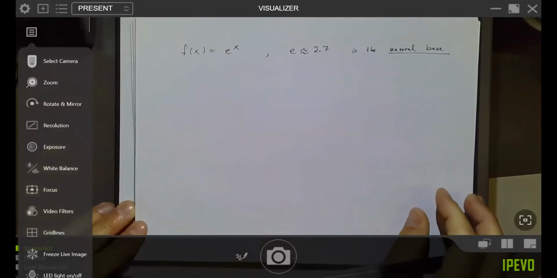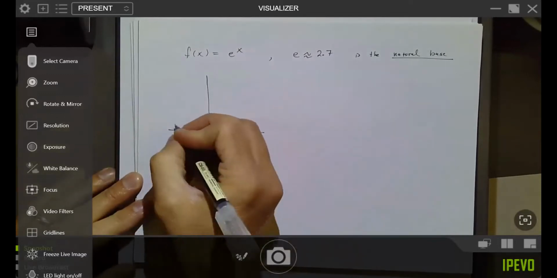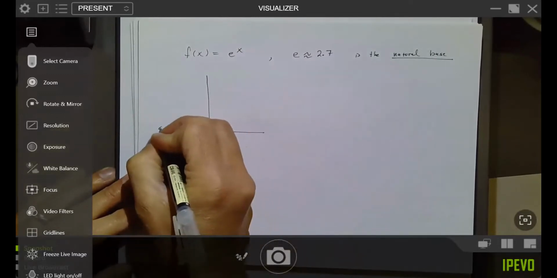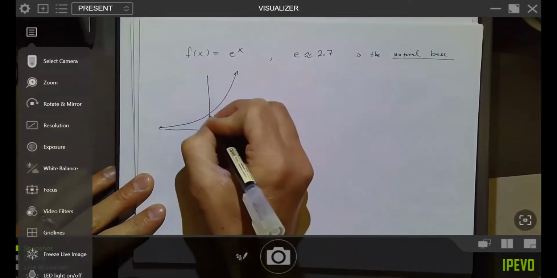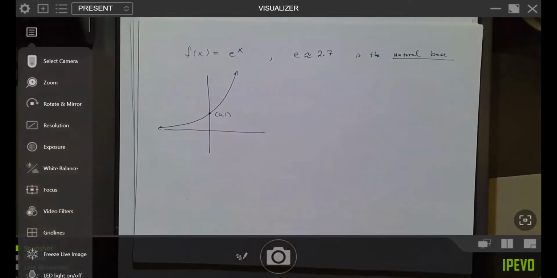And its graph is special. It's going to look just like all the other graphs I've drawn for these exponential functions because my drawing skills are less than amazing. It looks vaguely like that. It probably is a little more steep than I've drawn it.